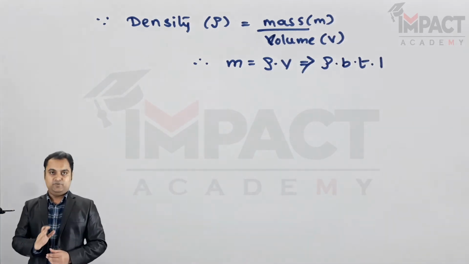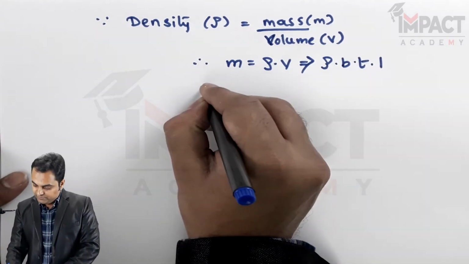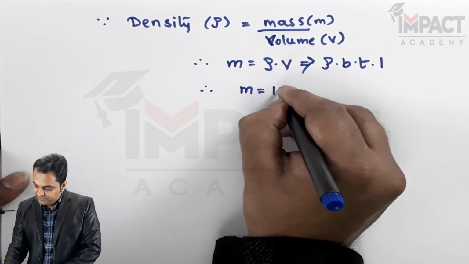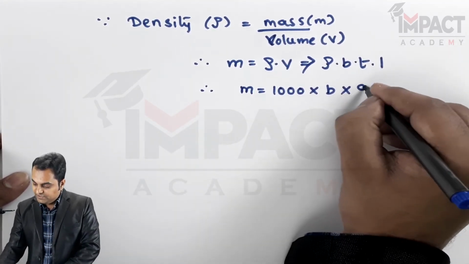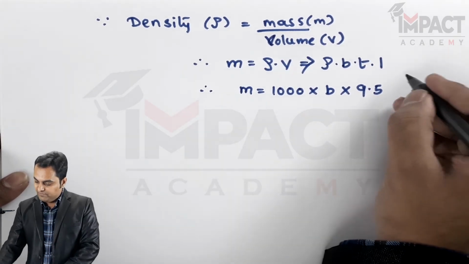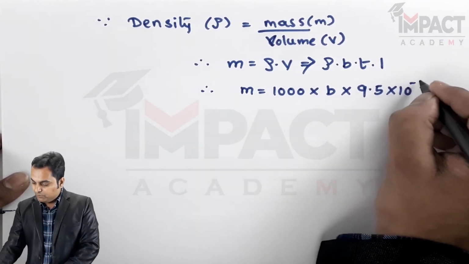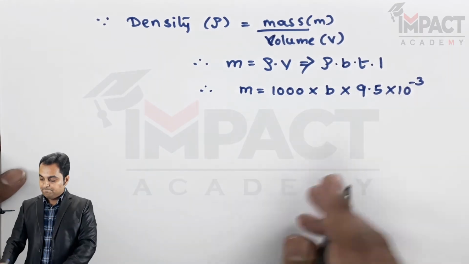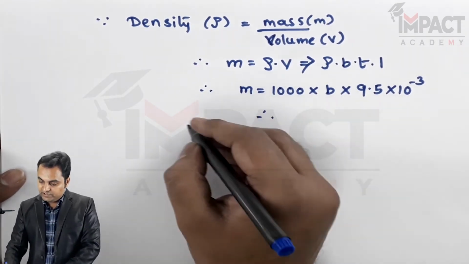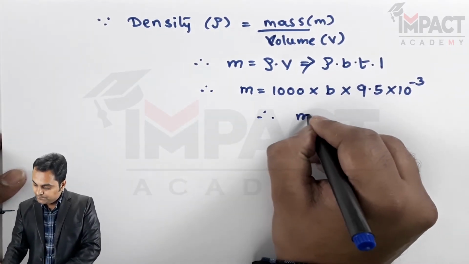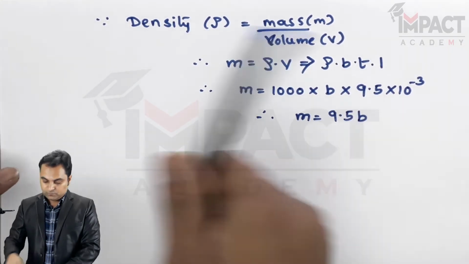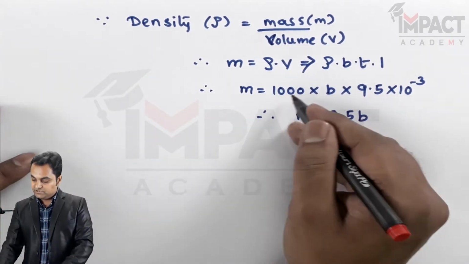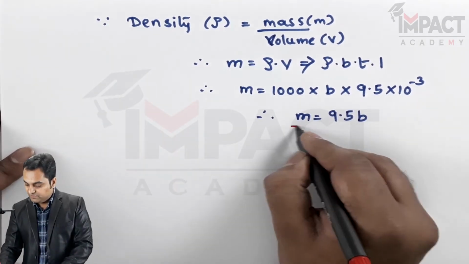So mass will be, density is 1000, B is what we have to calculate, and this T was given as 9.5 mm, so it became 9.5 into 10 raised to minus 3 meter. So finally we are left with M, which is only 9.5 B, because this 1000 and 10 raised to minus 3 will get cancelled out.